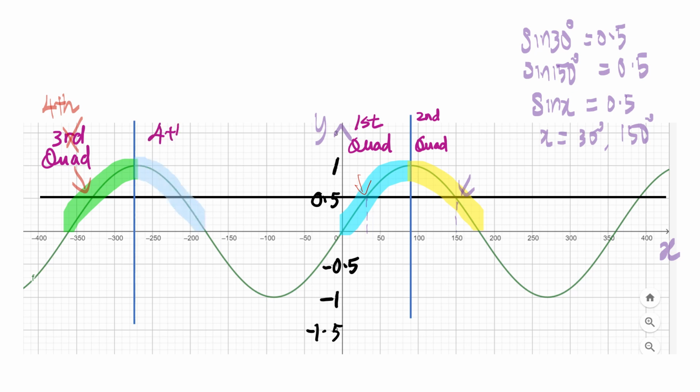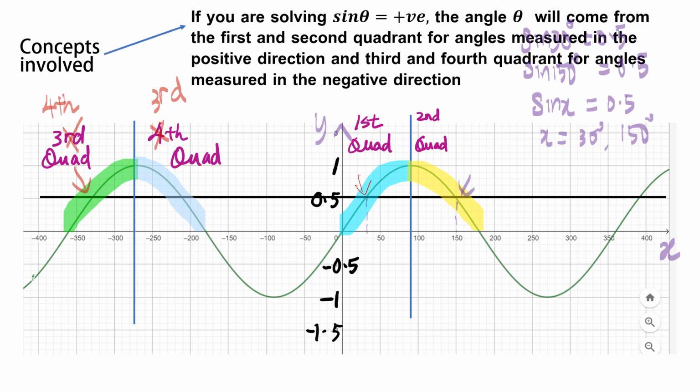And this one here is the third quadrant. So for the negative angles, for the sine ratio to be positive, the answer will come from the third and the fourth quadrants. And for the positive angles, for the sine ratio to be positive, the possible values of x will come from the first and the second quadrants.